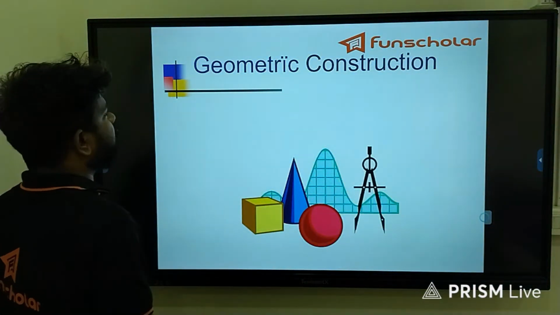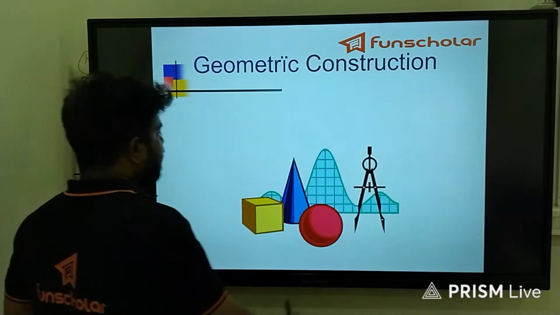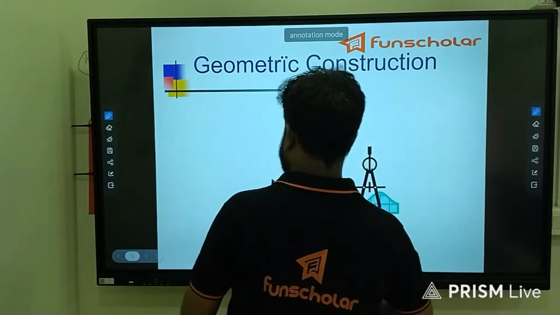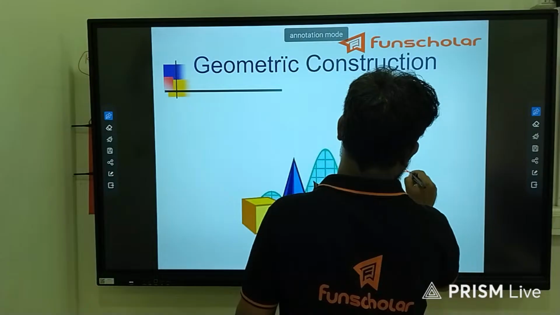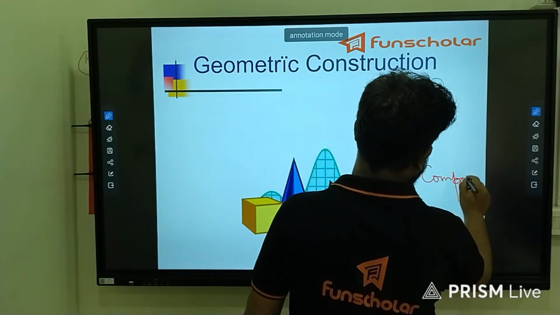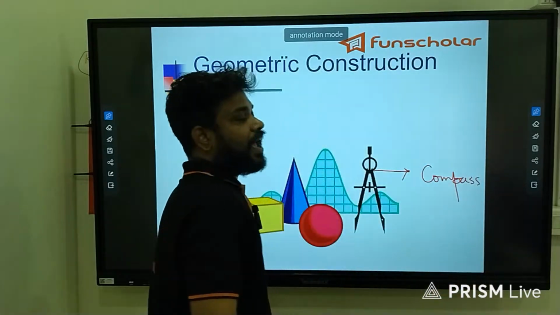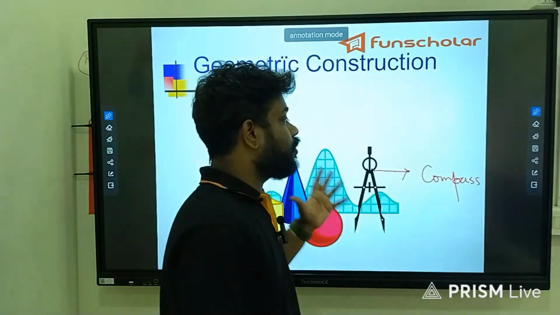So geometric construction, and from the image you can see that this is called the compass. Yes, can you tell me, except geometry, where do we use a compass?